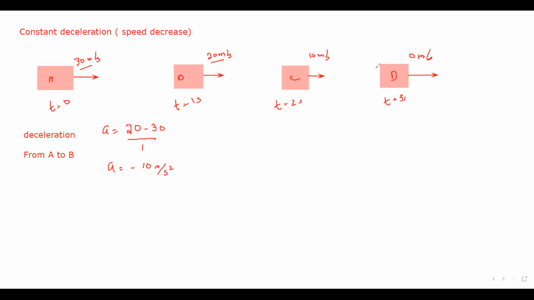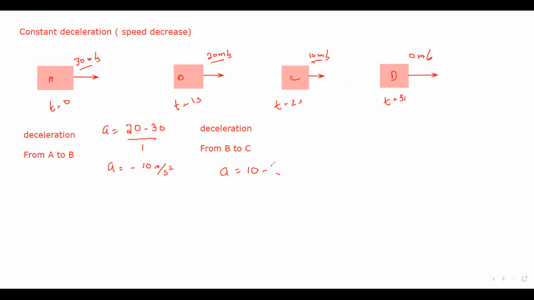When we calculate the deceleration from B to C, again the formula, the change in the velocity. From B to C, at C the velocity is 10 and at B the velocity is 20.